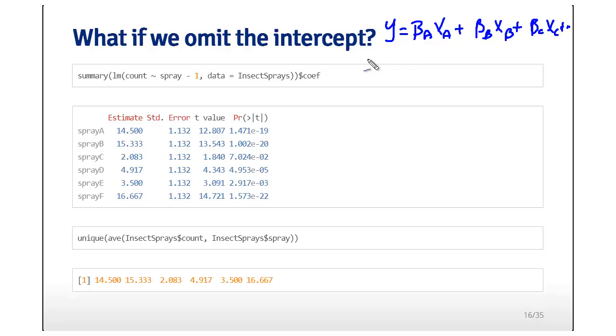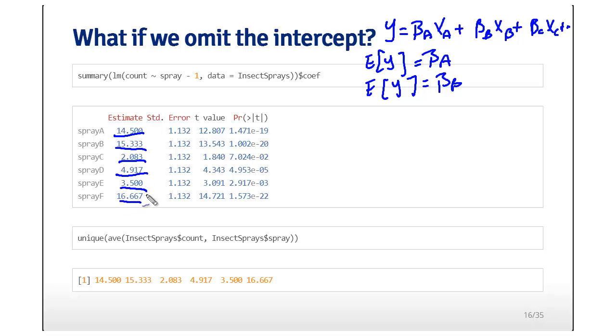And so the expected value of yi, if that happens to be in spray A, turns out to be beta A. The expected value of y, if it happens to be for spray B, turns out to be beta B, and so on. That's the model in this case that we fit. And so these should be the means for each group.